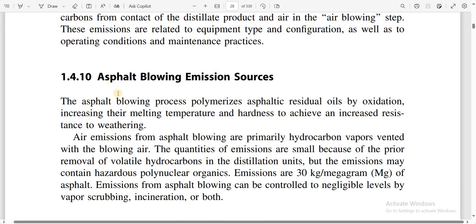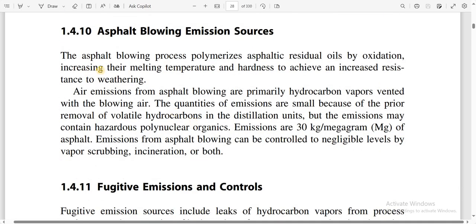So next one is asphalt blowing emission source. The asphalt blowing process polymerizes asphaltic residual oils by oxidation, increasing their melting temperature and hardness to achieve an increased resistance to weathering.